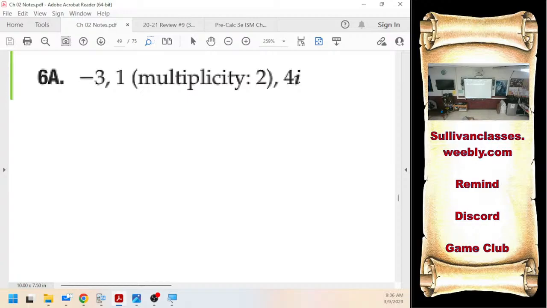Okay, we have x plus 3, x minus 1. Where'd you get 2 from? No, it's 1 happened twice. It's so ridiculous. So just get rid of this, and replace it with another x minus 1. So it's just 2x minus 1?